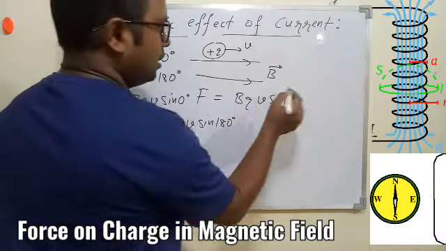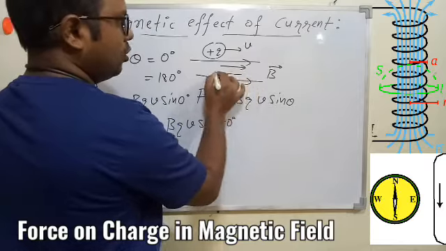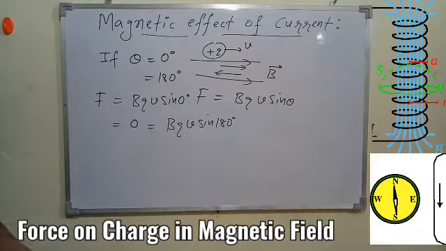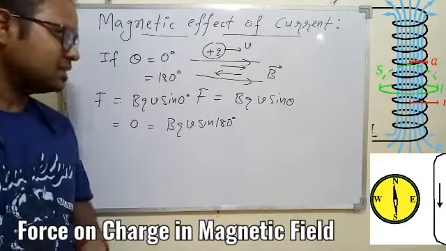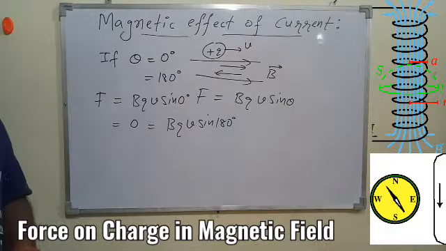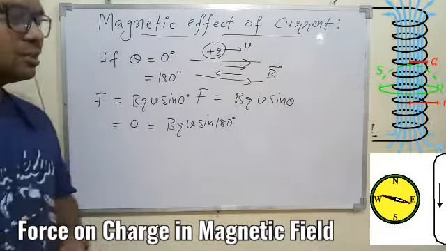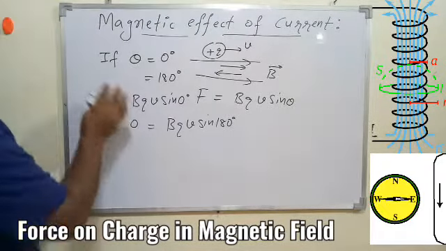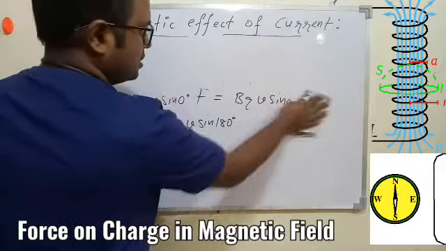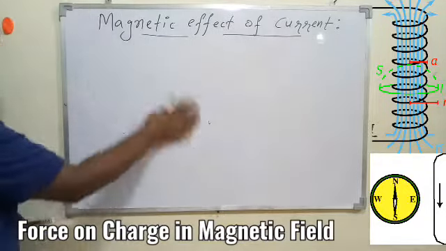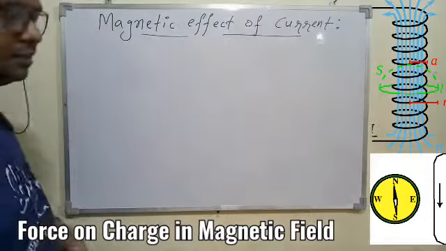That is, if a charge is moving parallel or anti-parallel to the magnetic field, it will not experience a force. So what does it mean? Let's understand this concept. If the force is not there on the charge, then what will happen to the charge when it is placed within a magnetic field?